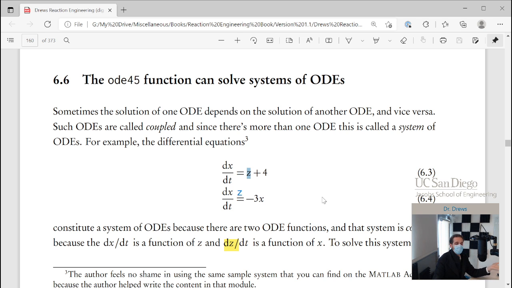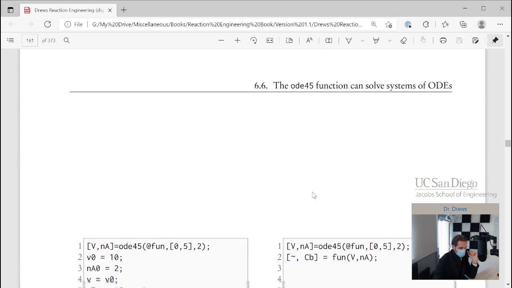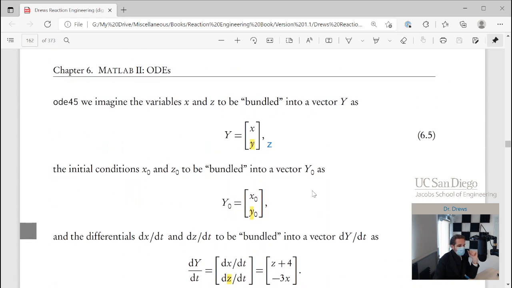The structure that we use for coupled ODEs is nearly identical to what we use for fsolve, which is why we studied fsolve in the first place, other than it's got its own uses. So what we end up doing is bundling them into this y vector. And you can see all of my typos that I found this morning because I thought it was y instead of z. We think of it as, again, a column vector, this time of dependent variables x and z.